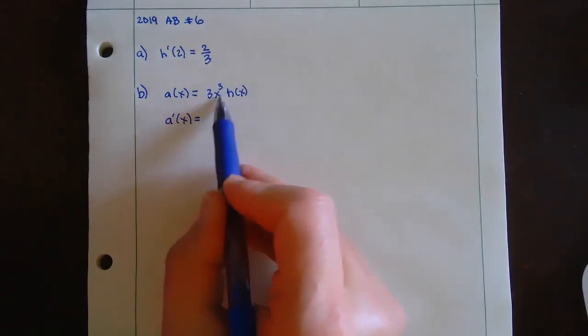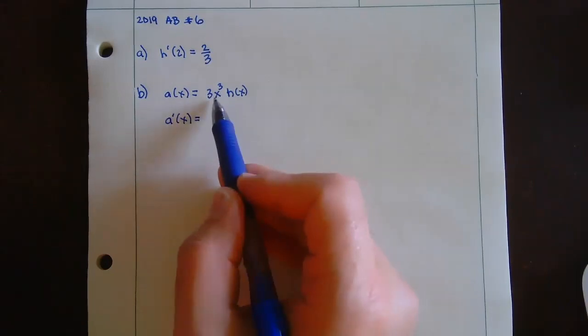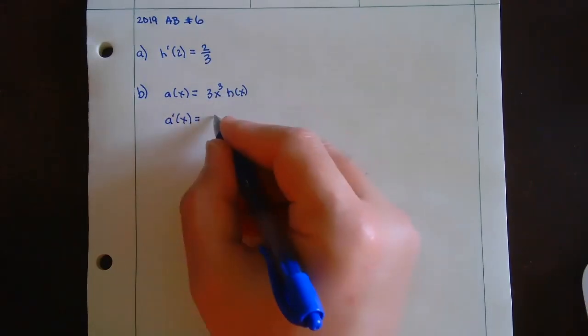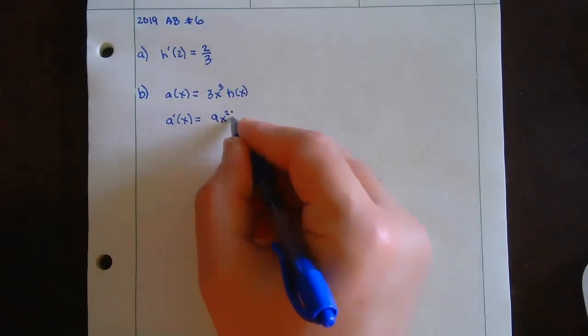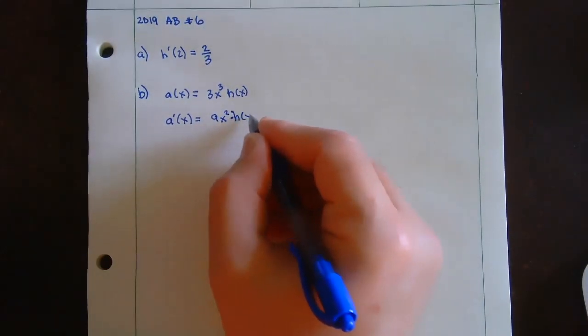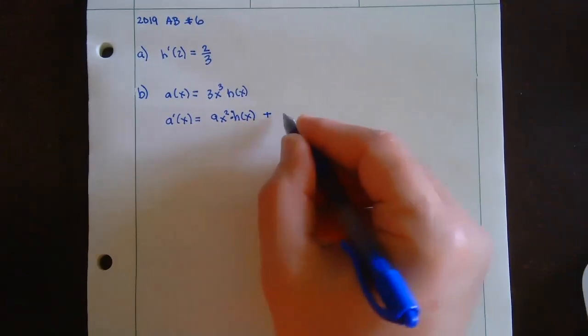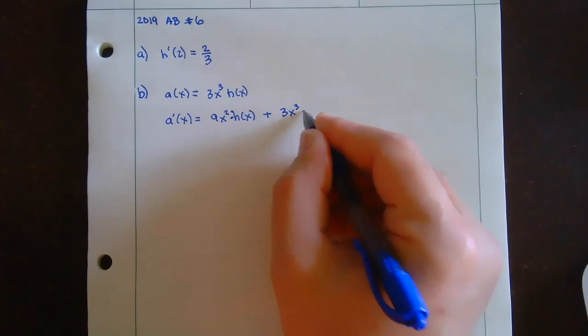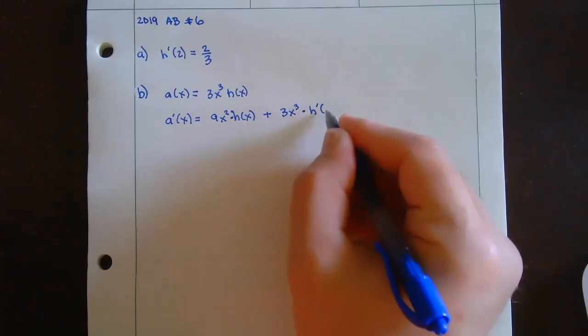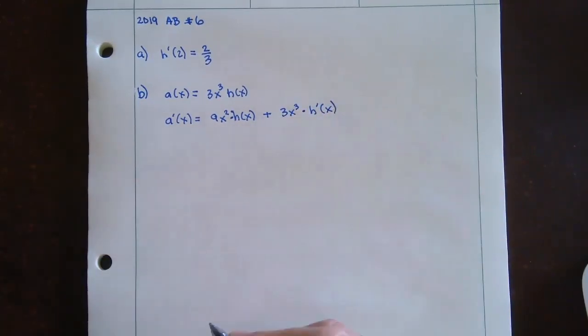So the derivative of 3x cubed with respect to x would be 9x squared. So we have 9x squared times h of x plus the first function, which is just 3x cubed times h prime of x.